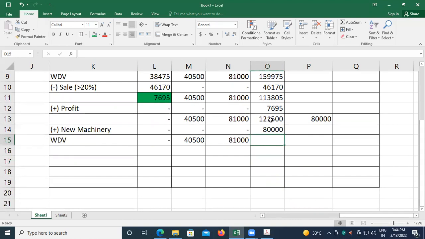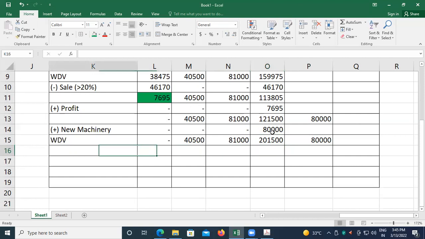So 1,21,000 plus 80,000, it's nothing but 2 lakh, 1,005, right? So now we got the business value also. Total value of the asset is nothing but how much now? 2,50,500, right? So now here also 80,000 is there in the business.